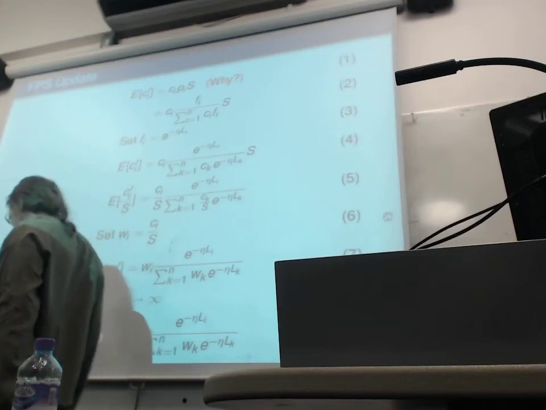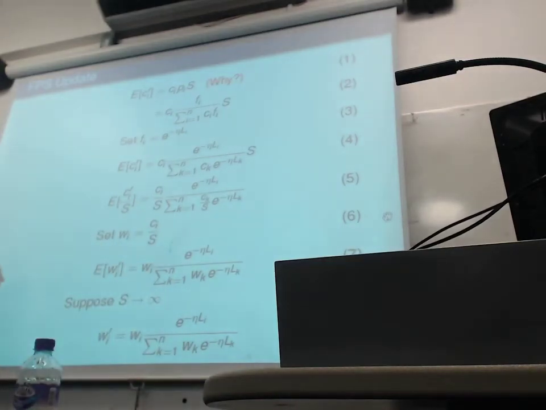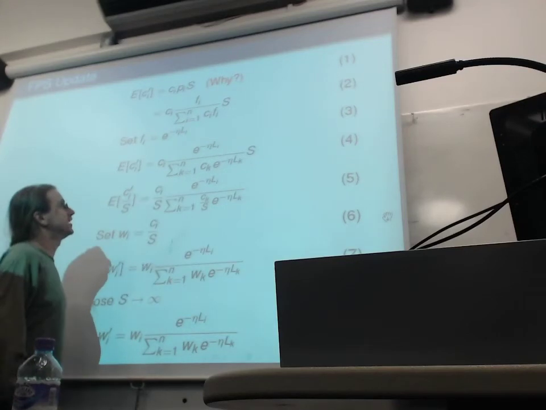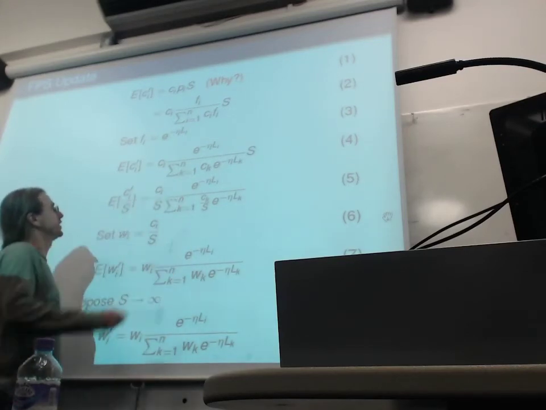Now we'll set the fitness of an individual. We'll make this a definition. We'll say its fitness is e to the eta li, and we'll substitute in. If we substitute in e to the eta li, we simply get this.